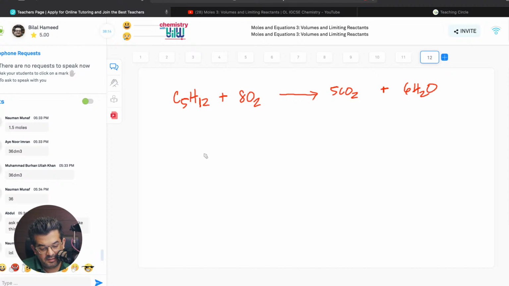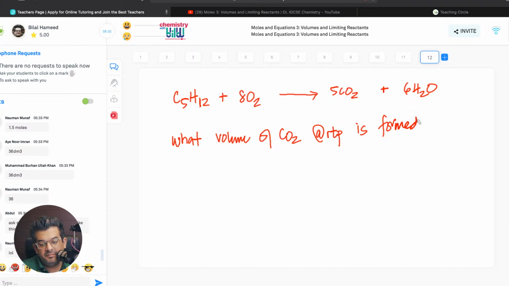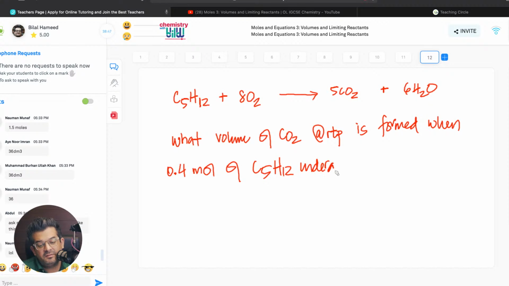What volume of CO2 at RTP is formed when 0.4 moles of C5H12 undergoes combustion? Now it's an equation and a reaction, right? So how does one do this?